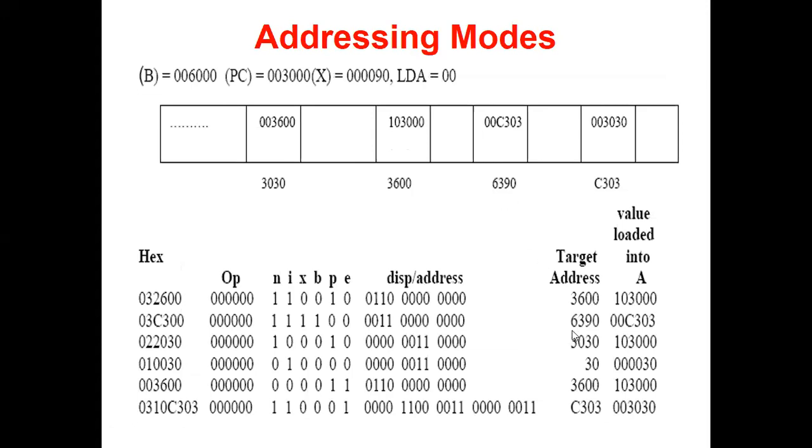Okay, Eli, you are right. It is 6390. Then what are you loading into the accumulator? Because the instruction is 00, and the instruction whose opcode is 00 is LDA, load the accumulator. So what are we going to load into the accumulator?